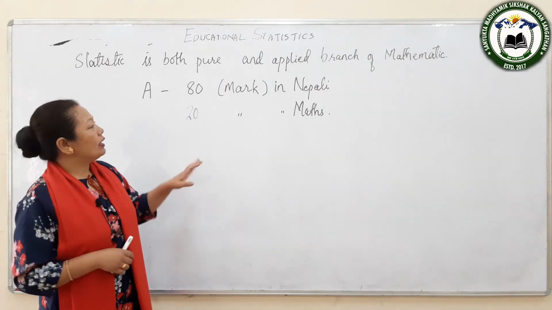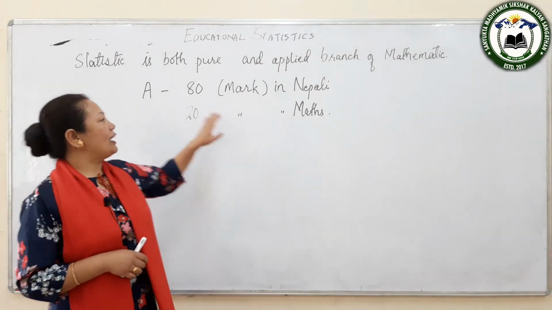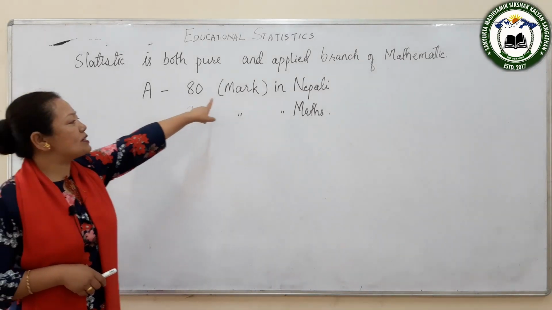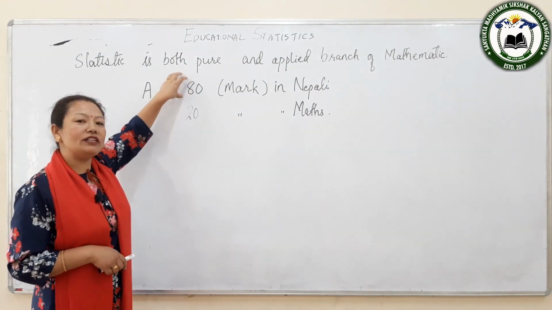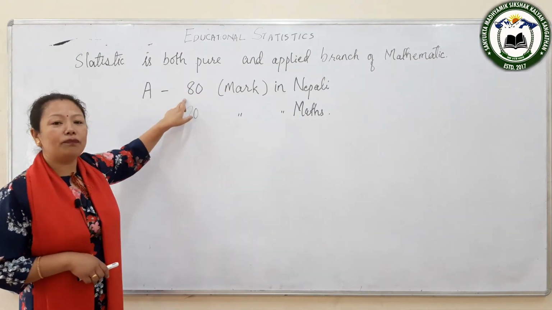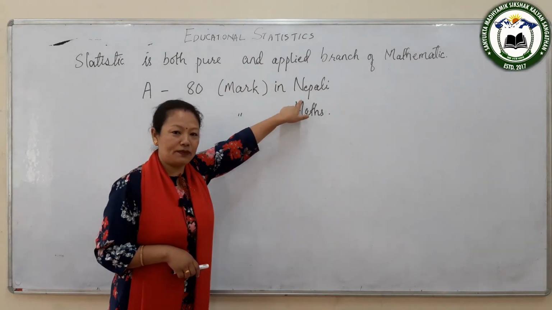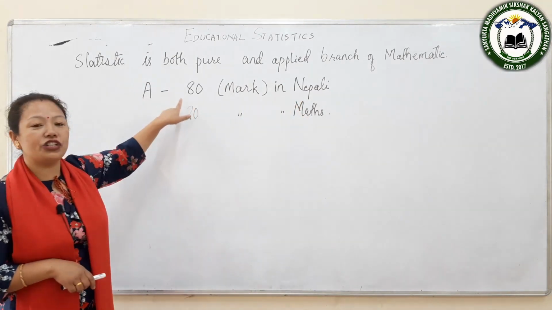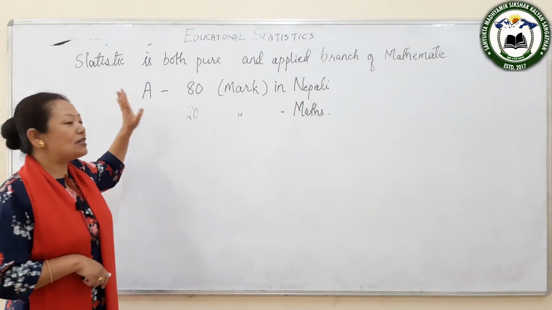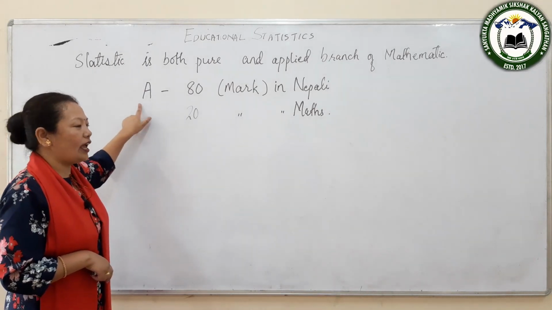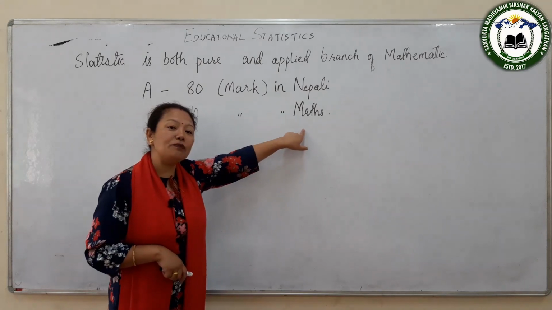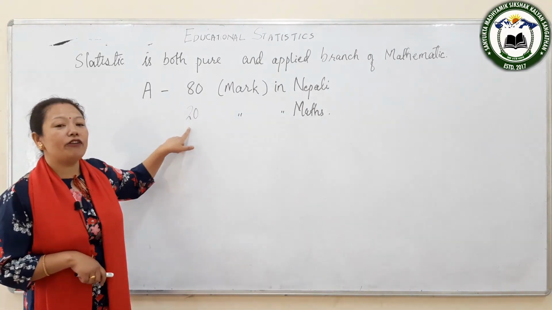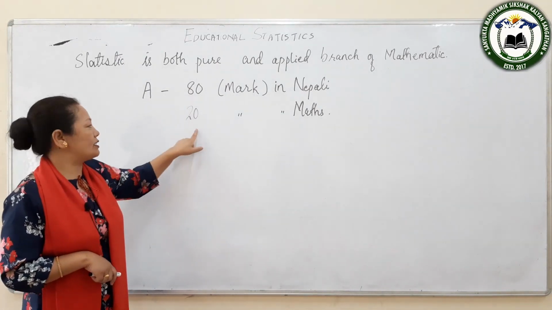Now, for example, if any student is getting 80% marks in Nepali, it means that these marks will decide his or her performance in this particular subject. That means he or she is doing very well. But at the same time, if A is getting 20% or 20 marks in mathematics, it means that he is very weak in his studies.